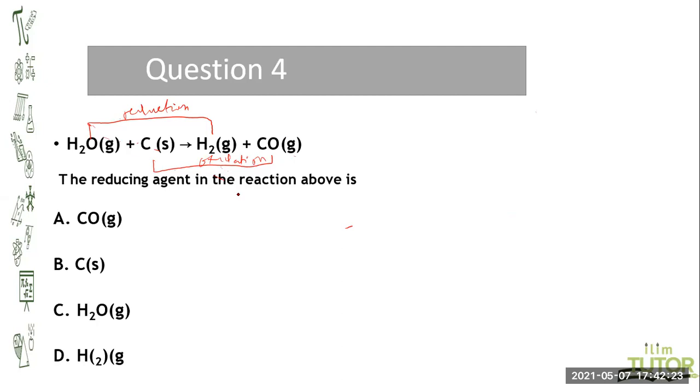So in that case, the substance that gets reduced is our oxidizing agent. The compound that gets oxidized is our reducing agent. So the reducing agent here is simply carbon.